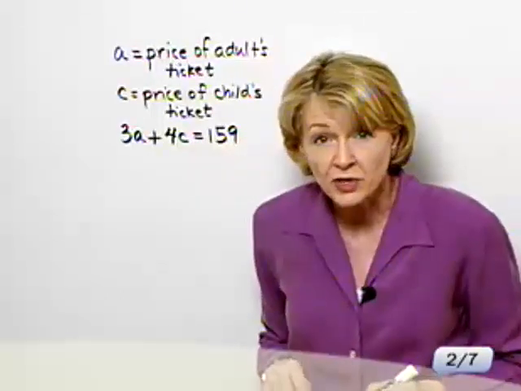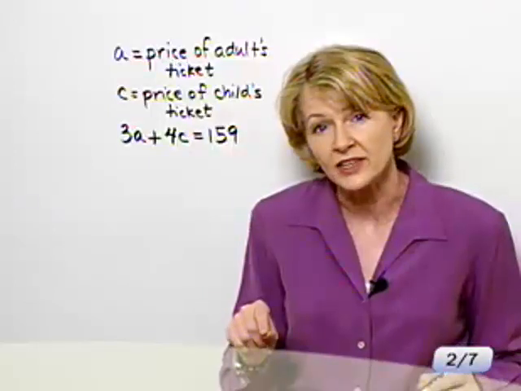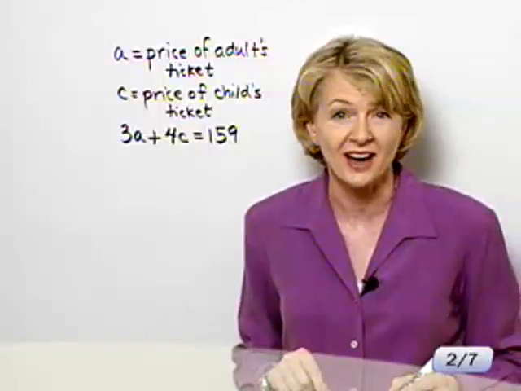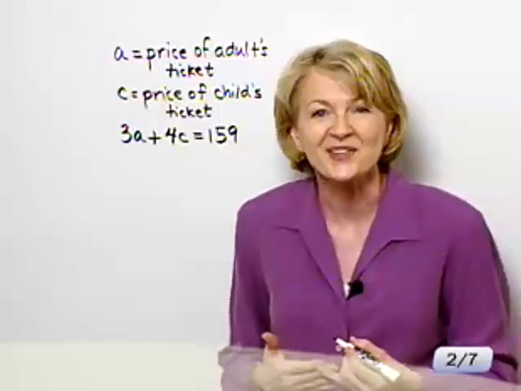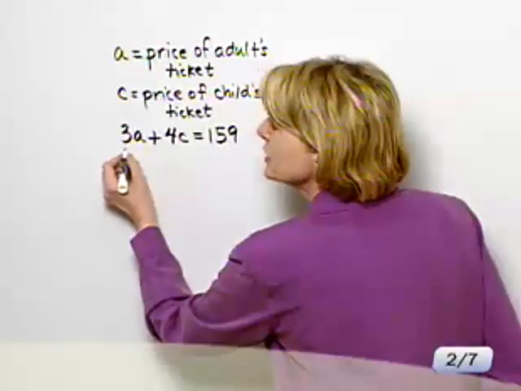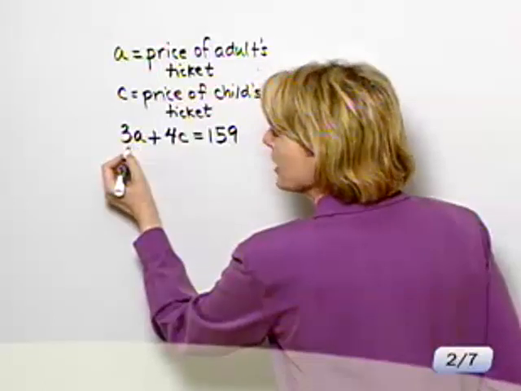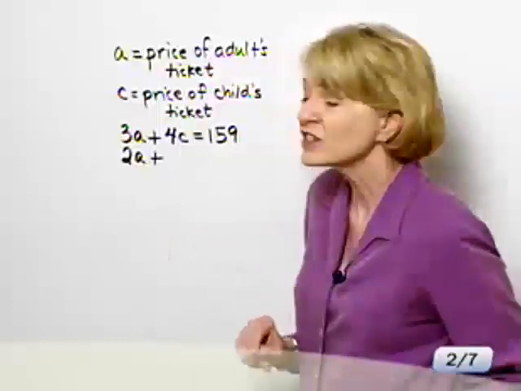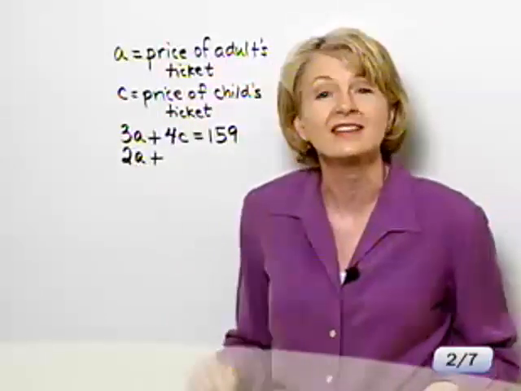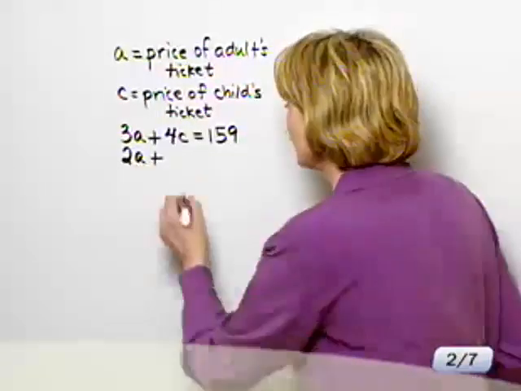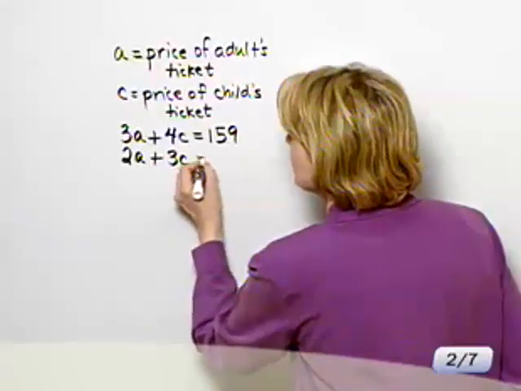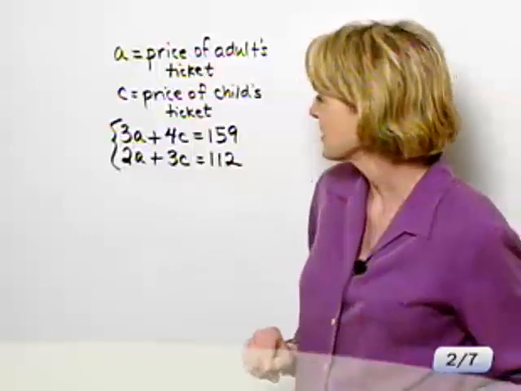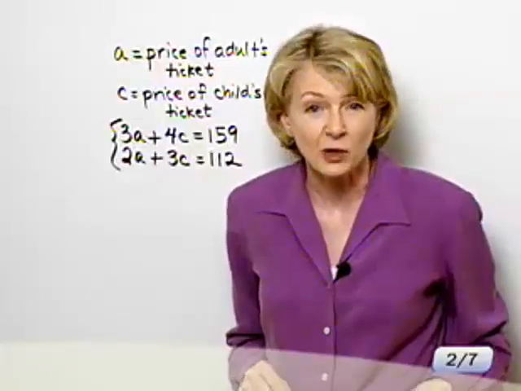Remember, we are also told that the price of 2 adult tickets plus 3 children's tickets is $112. So let's translate that to an equation. 2 adult tickets, that price is 2 times A, plus 3 children's tickets, that price is 3C, and that is $112. Now that is my system of equations.